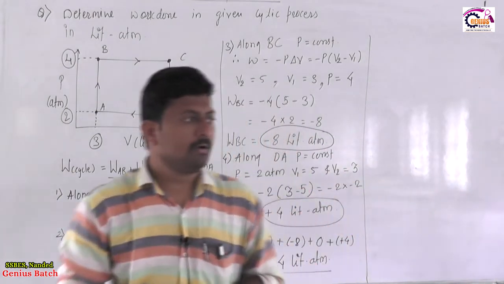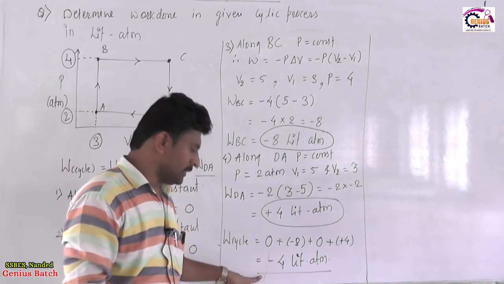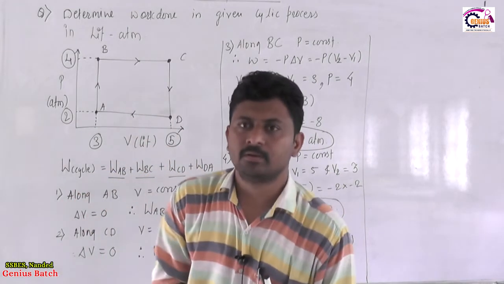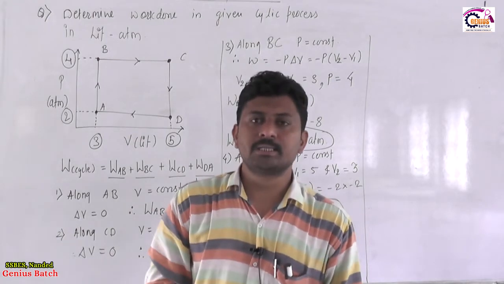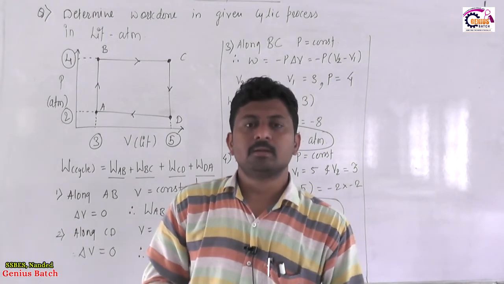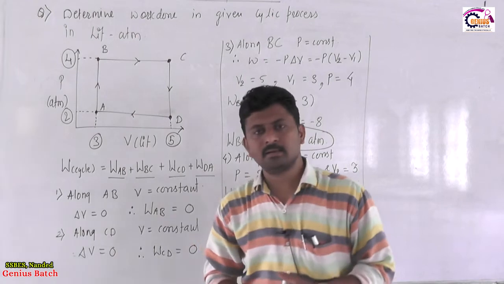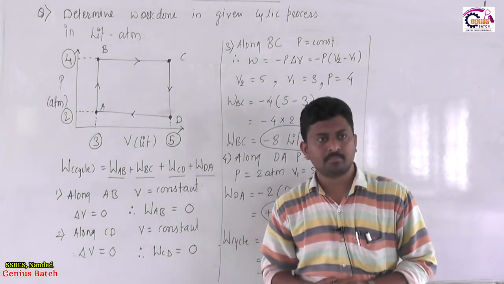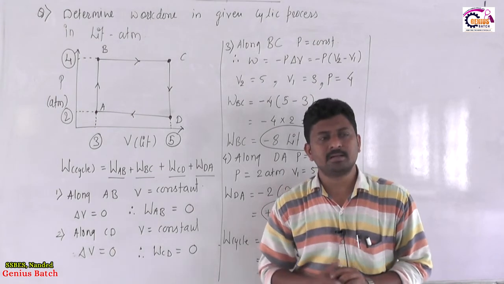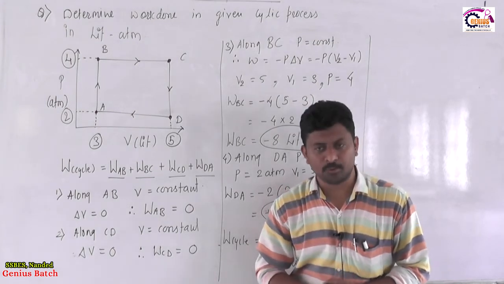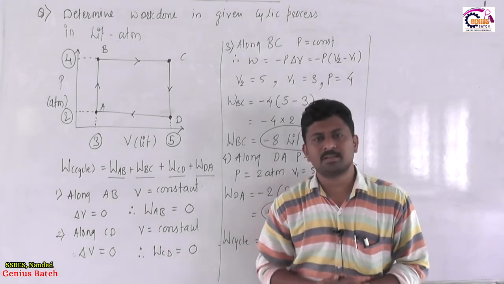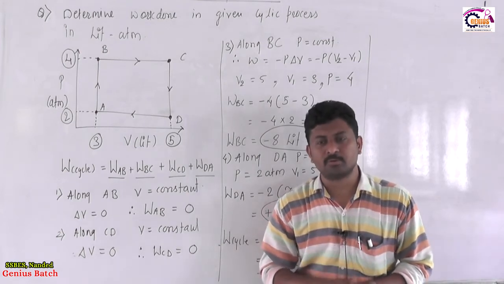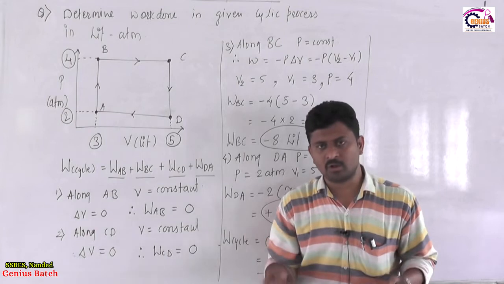Now here we have negative work done, so this means that there is expansion, but this particular process is cyclic. When the process is cyclic, it means initial and final volume are the same. So negative work done doesn't mean there is a change in volume, or positive work done doesn't mean there is a change in volume, because volume is going to be constant finally after all steps.